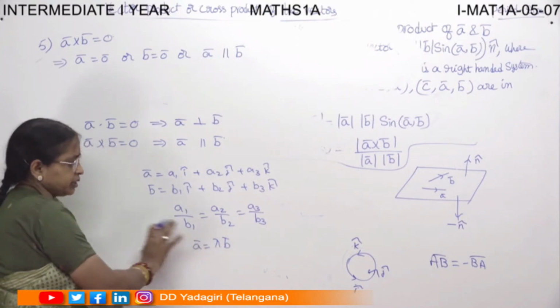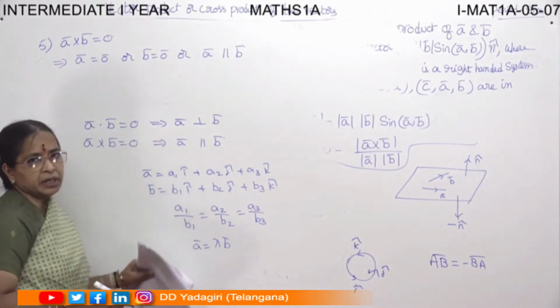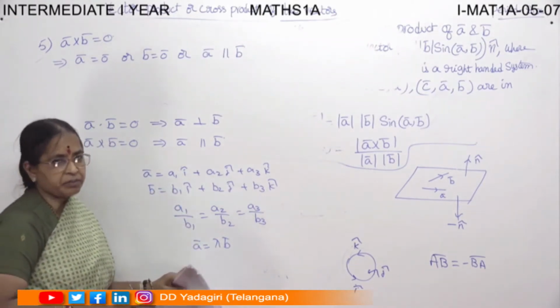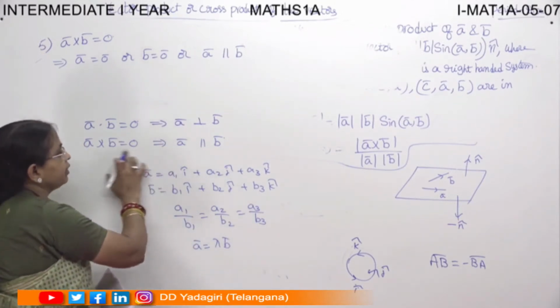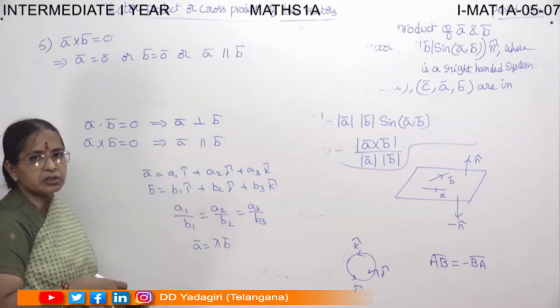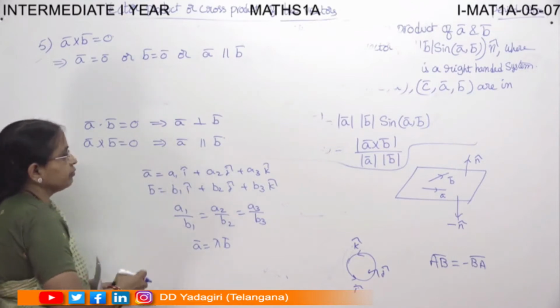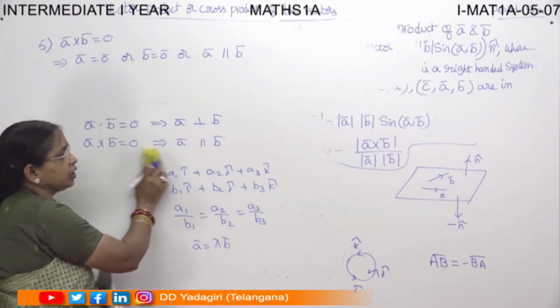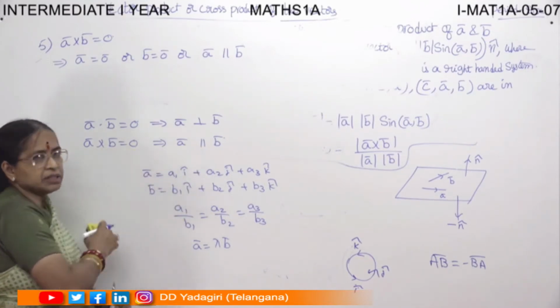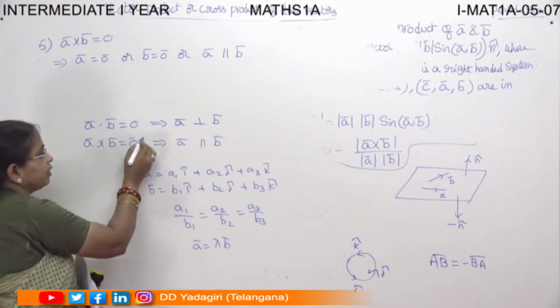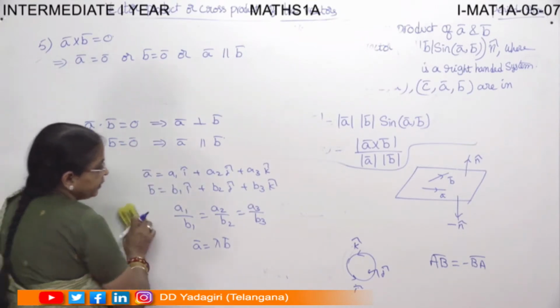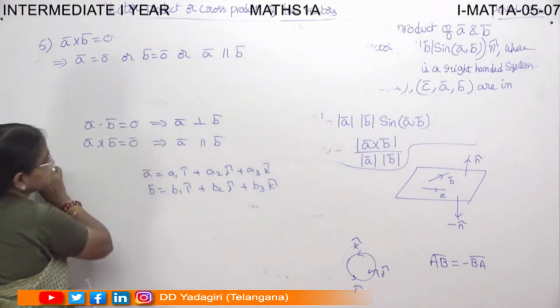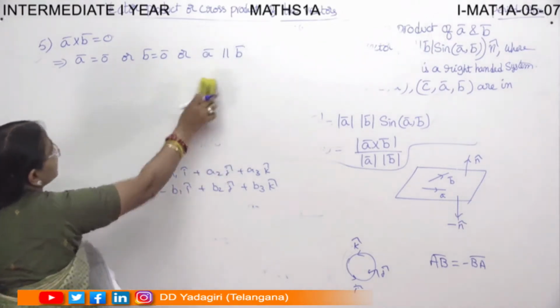Any letter you can use here. We used this property in the addition of vectors chapter. But here we have cross product, and in cross product also we have similar properties. So when two vectors are parallel or collinear, A cross B will be equal to 0.